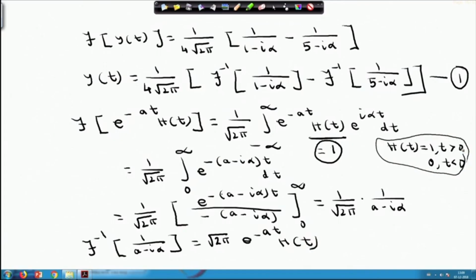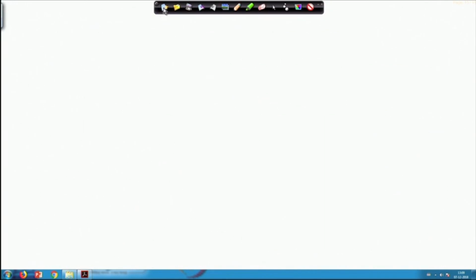Let me rewrite again, that would be easier. I started with the Fourier inverse of 1 by (a minus i alpha), which equals root over 2 by pi into e power minus at into h(t).